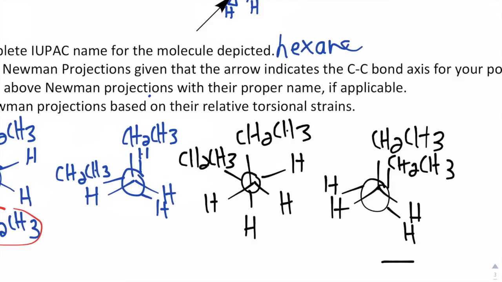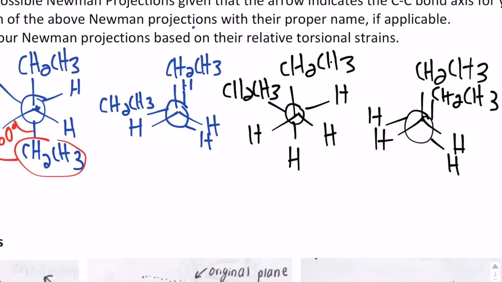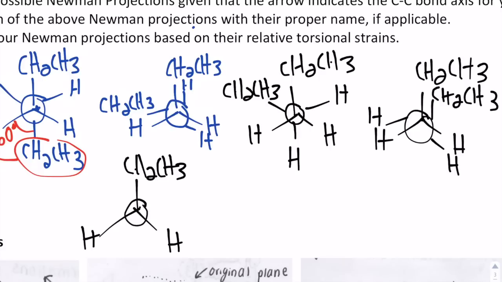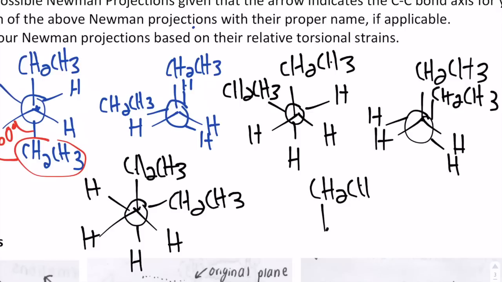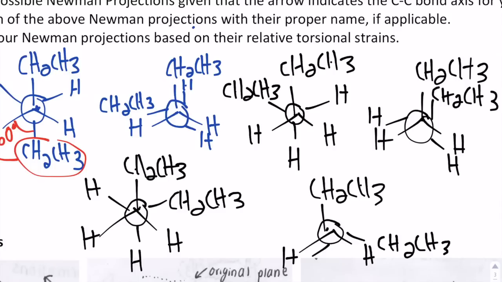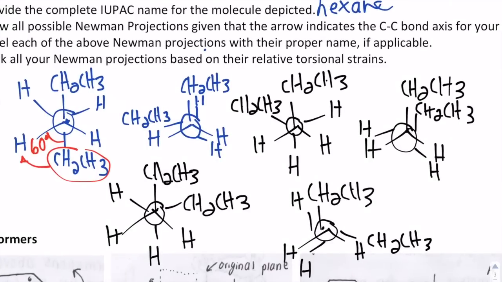And if I kept going one more time, those are my 6 Newman projections based on rotating that back carbon 60 degrees each time.